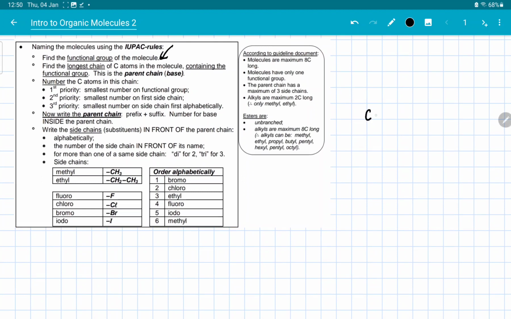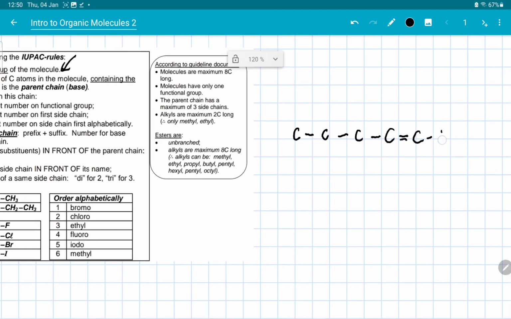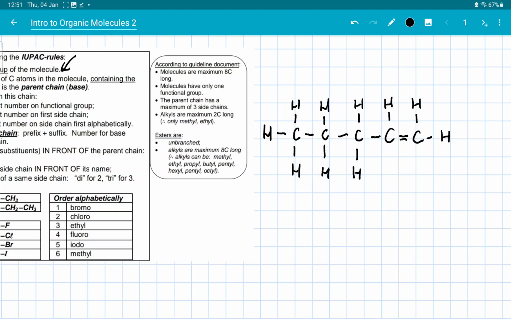Okay, if you look at the molecule, once you put a double bond, people, make sure that the carbon where the double bond is has a stable octet structure.